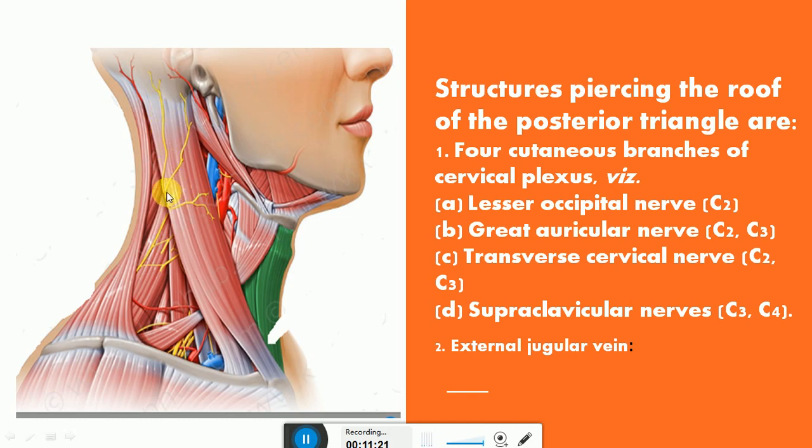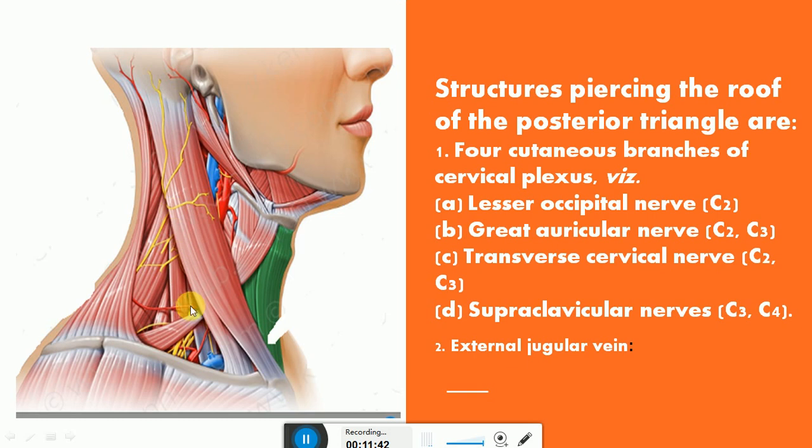This one is greater auricular nerve, and this one is transverse cervical nerve. Another bunch of nerves, 3 supraclavicular nerves, also arise here and they will move towards clavicle. I will show you these nerves in the next diagram.